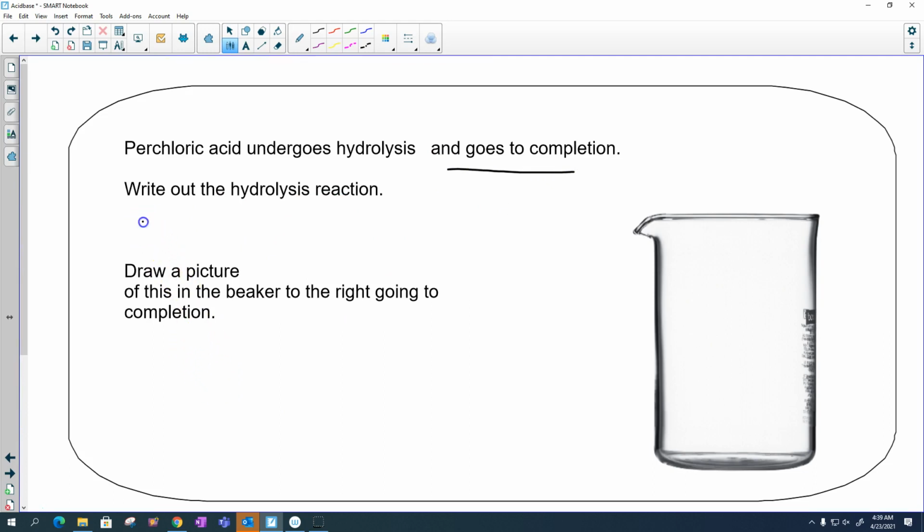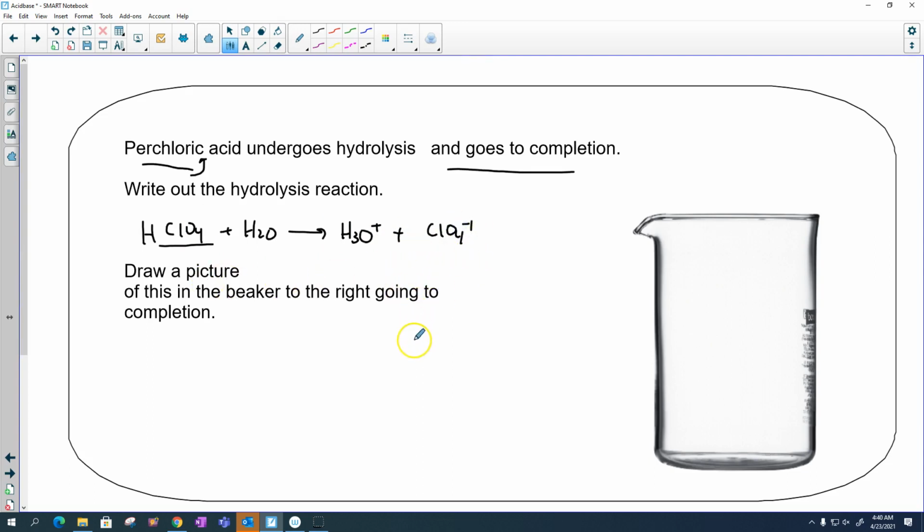Okay, perchloric acid, everything starts with an H, and this is going to be perchlorate. So that's HClO4 plus water is going to yield H3O plus and the conjugate of perchloric acid, which is ClO4 minus 1.